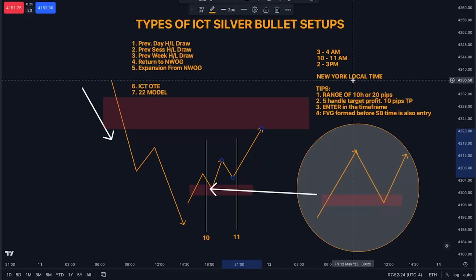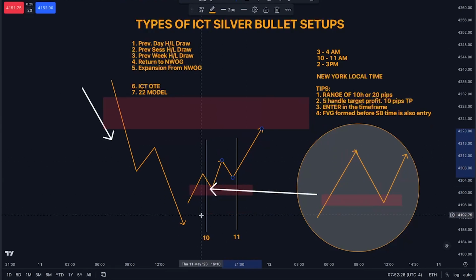Then your entry should be between the Silver Bullet times. Your target could be filled after that time. And last but not least, you can enter on a fair value gap that was formed before Silver Bullet time.